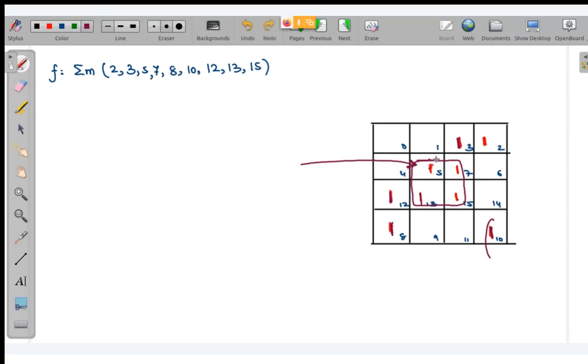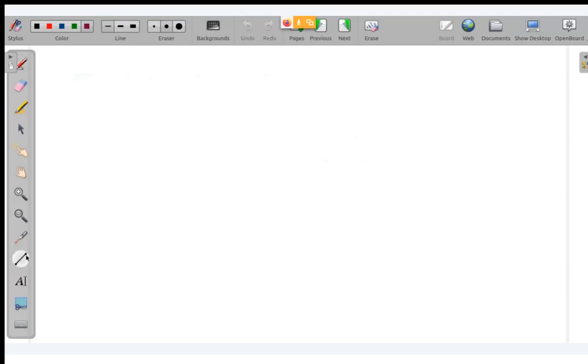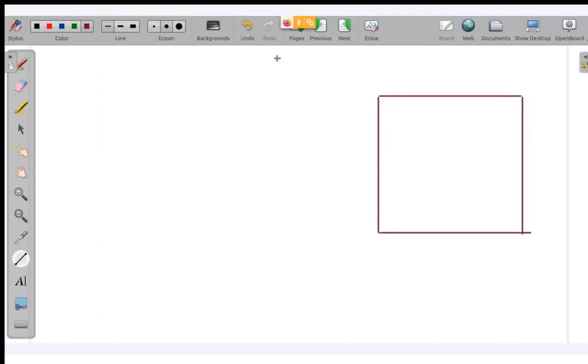So maybe I should take one more example, so that you can understand more clearly. Here you were able to see only one essential prime implicant, because that was a random example. So let me frame one more.